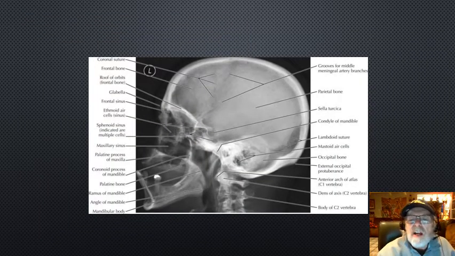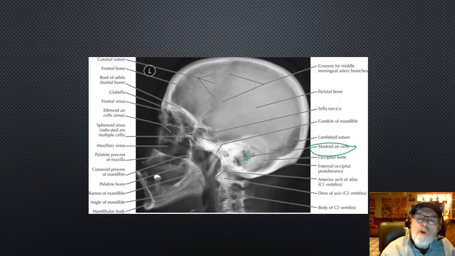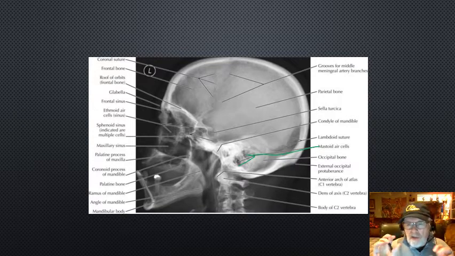And when we look at it with a radiograph, you can see the mastoid air cells right here. See how it's open? See how there's darker areas in there? Follow that down there, and you see the mastoid air cells. See how it looks like there are air pockets in there, and those air pockets again sometimes get pus from the middle ear after an ear infection, and it gets trapped inside there.